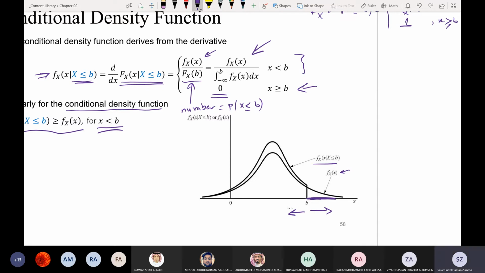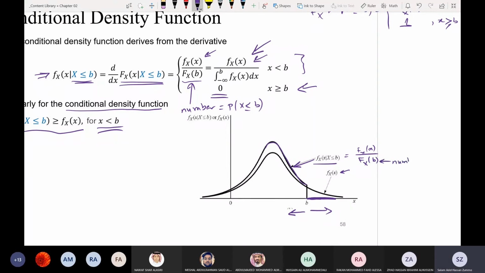Now for x less than b, the result will be fx of x, the same shape, لكن divided by this number. So it's a larger, it's the same shape, the same PDF, except that it's larger. And this is given by this. So this is nothing but fx of x, نفس الفانكشن, divided by fx of b, which is a number again.